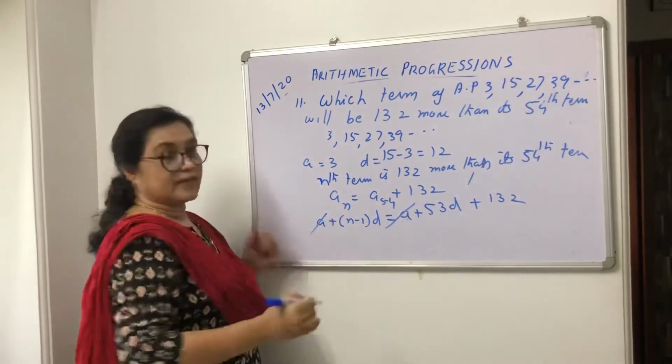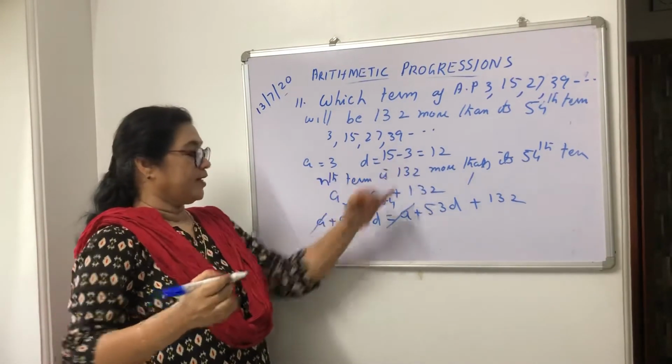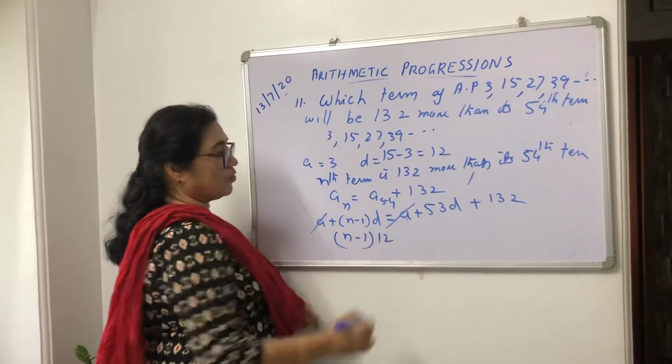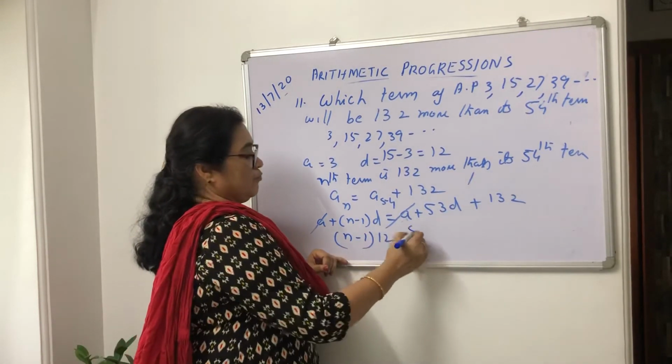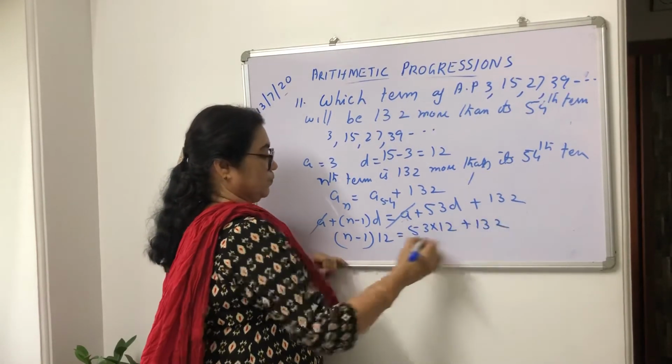The a and d cancel on both sides. When we substitute the value of d, (n minus 1) into 12 equals 53 into 12 plus 132.